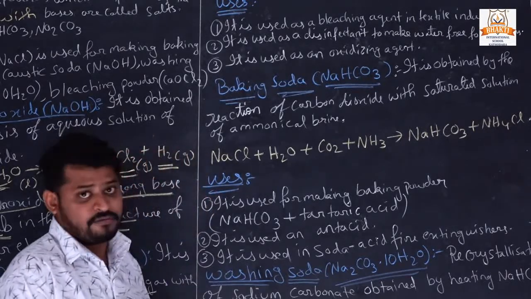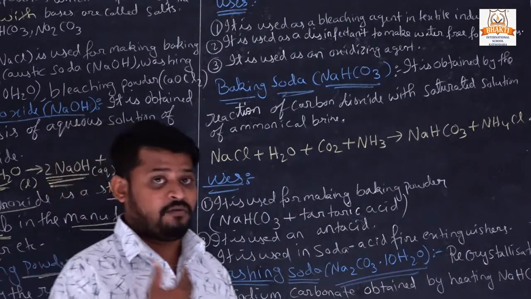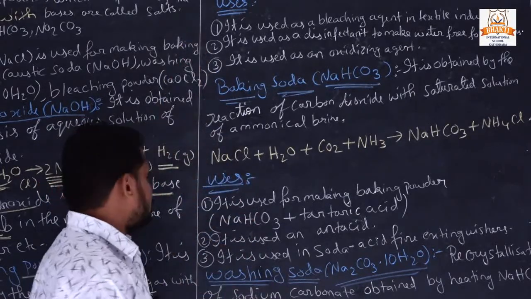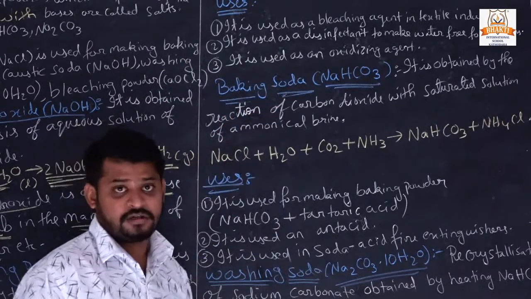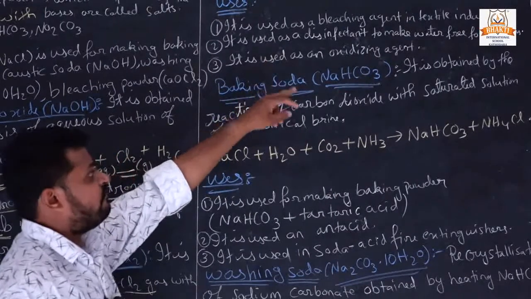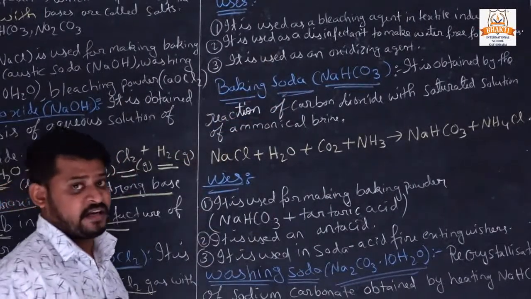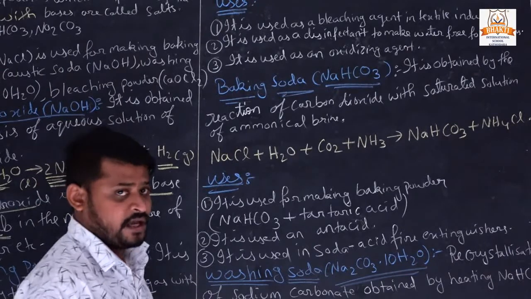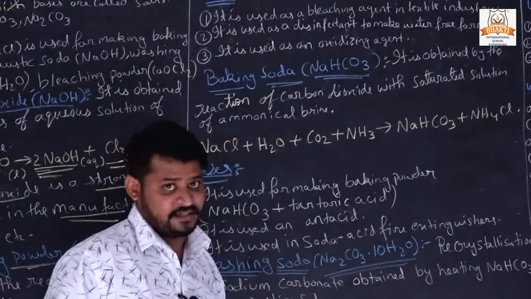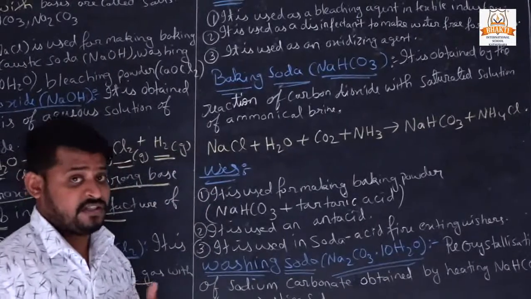To remove germs from the water, we add bleaching powder to water. What is a disinfectant? Something used to remove germs from an object. It is also used as an oxidizing agent.